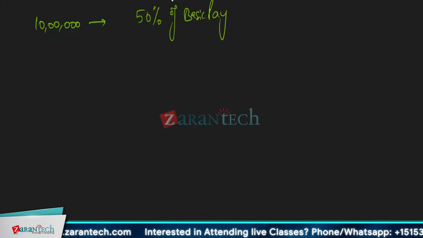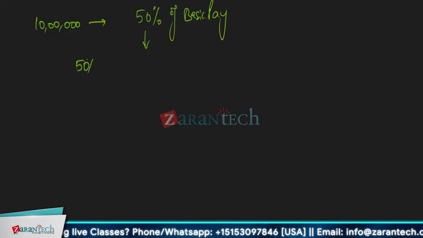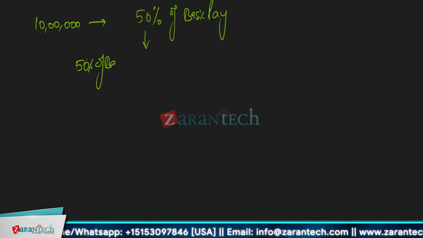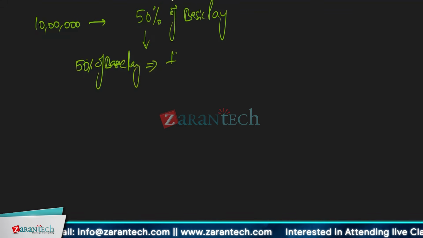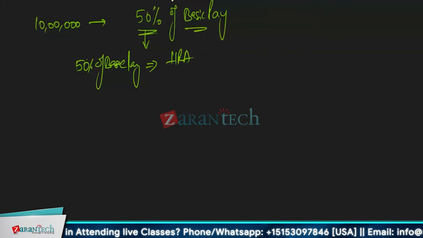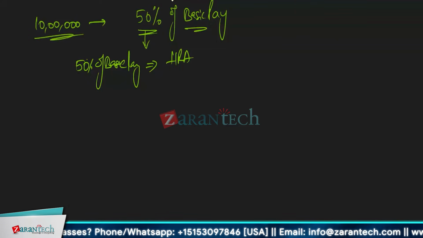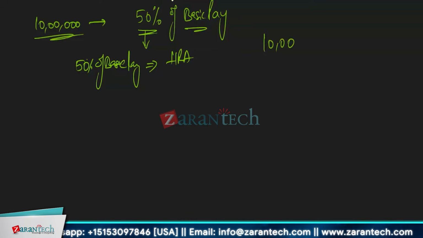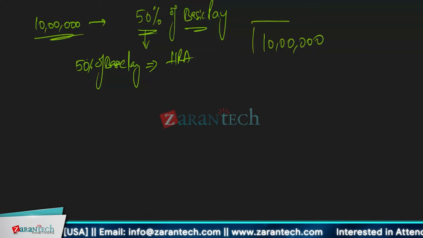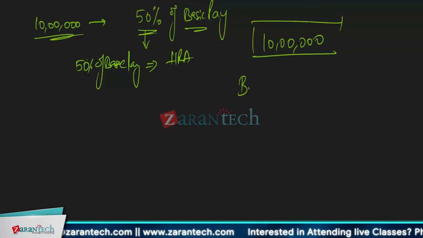And then 50% of basic pay is going to be the HRA. Meaning, what is 50% of basic pay? 50% of the total is basic pay. So what will be the basic pay for the worker?